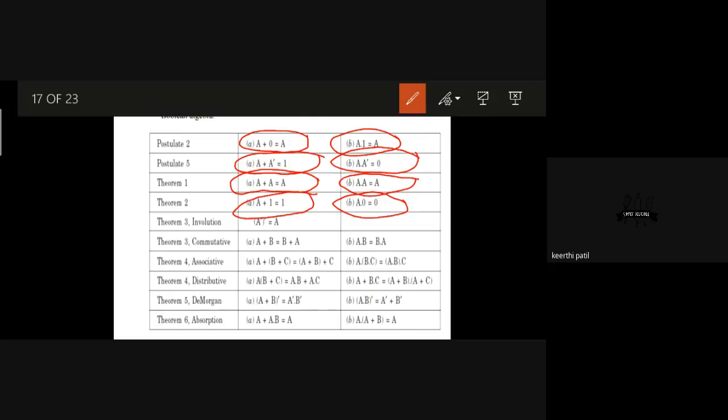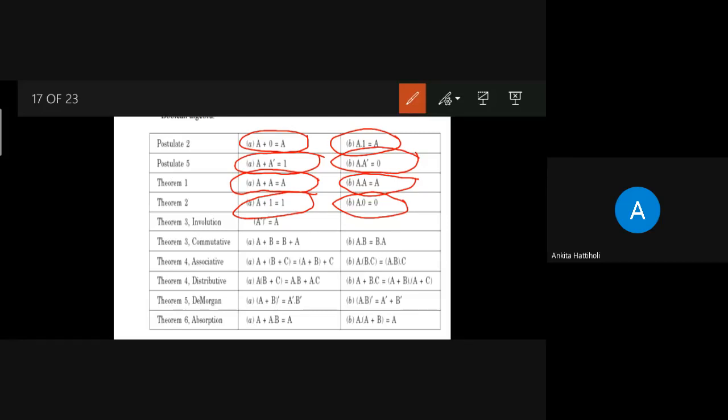Any doubt with these four laws? Are these four laws clear? Ankita, do you have any problem in any of these four laws? No, ma'am. Okay, right. So we'll move ahead now.